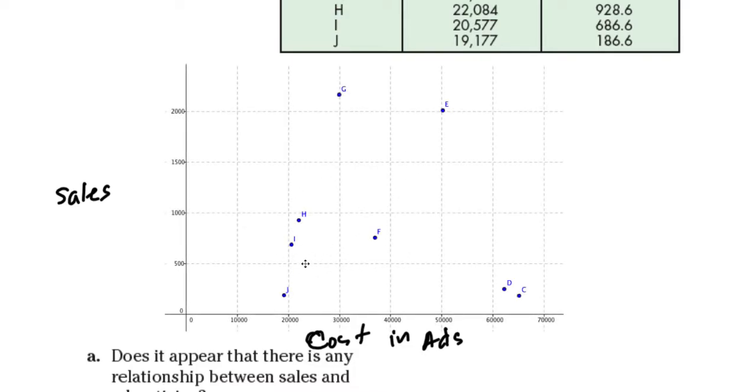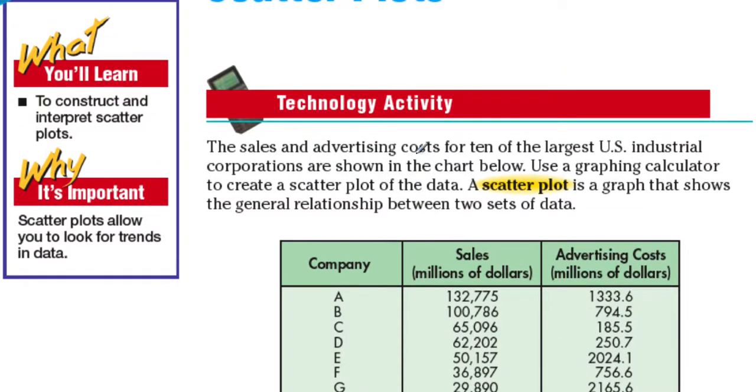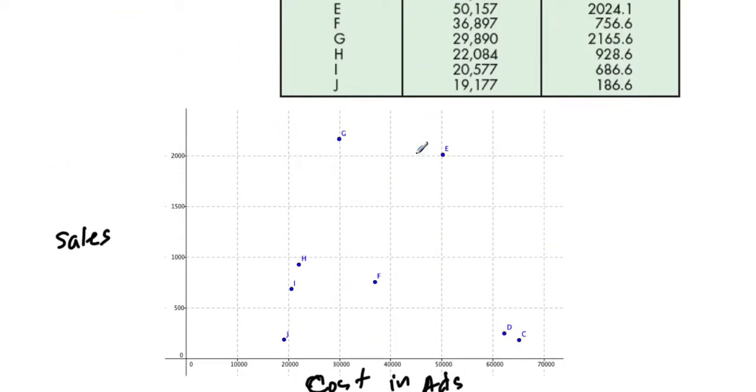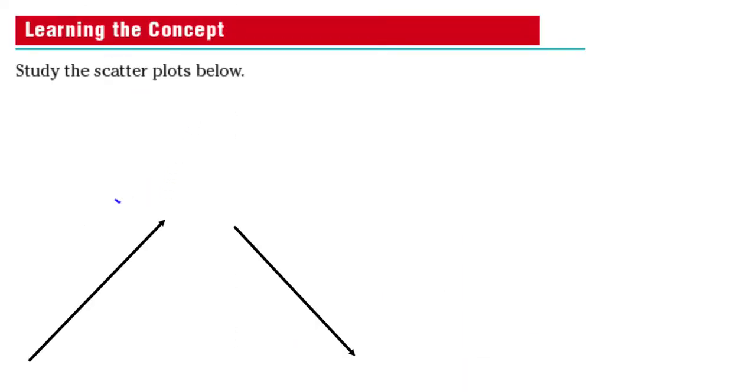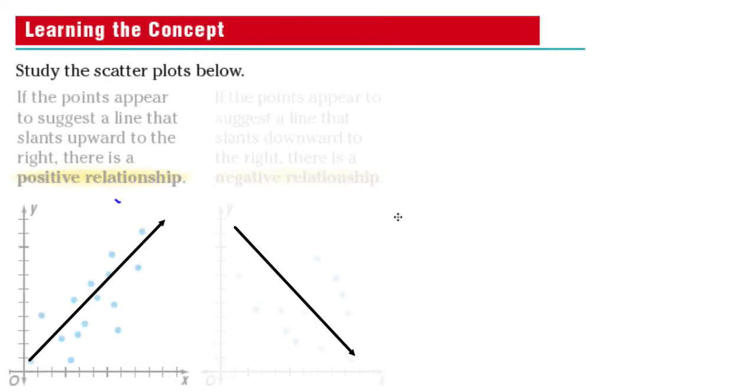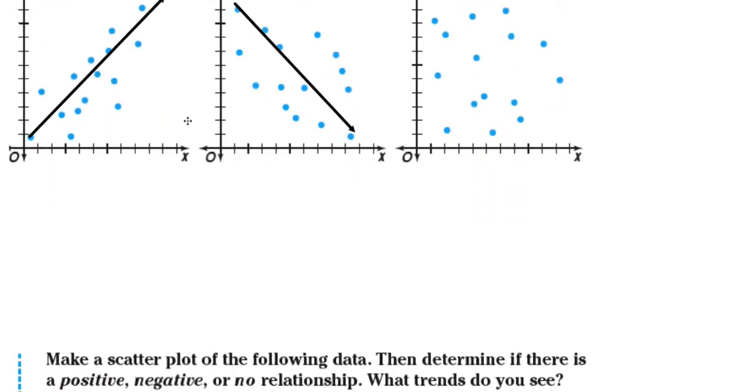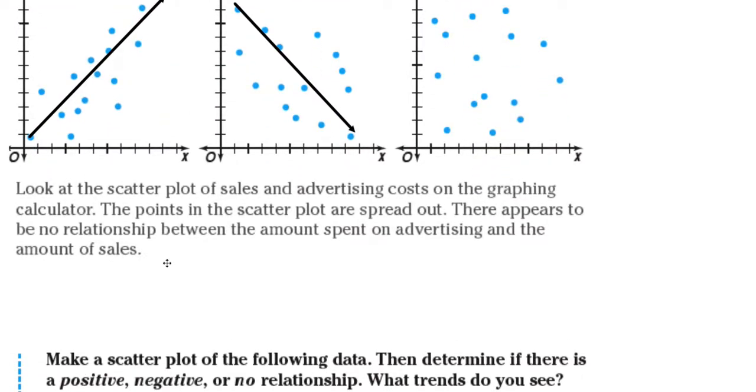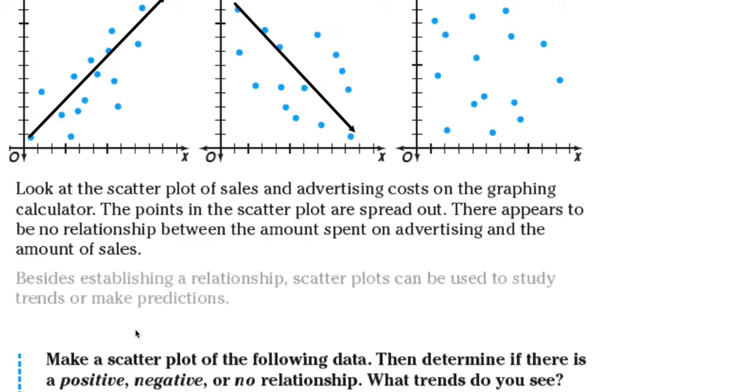If you notice, there is no clear indication if it's going up or going down. So with this type of data, we can say that there is no relationship between sales and advertising costs. Let's go back to this one, make that appear again. So that's what we have. There appears to be no relationship among sales.